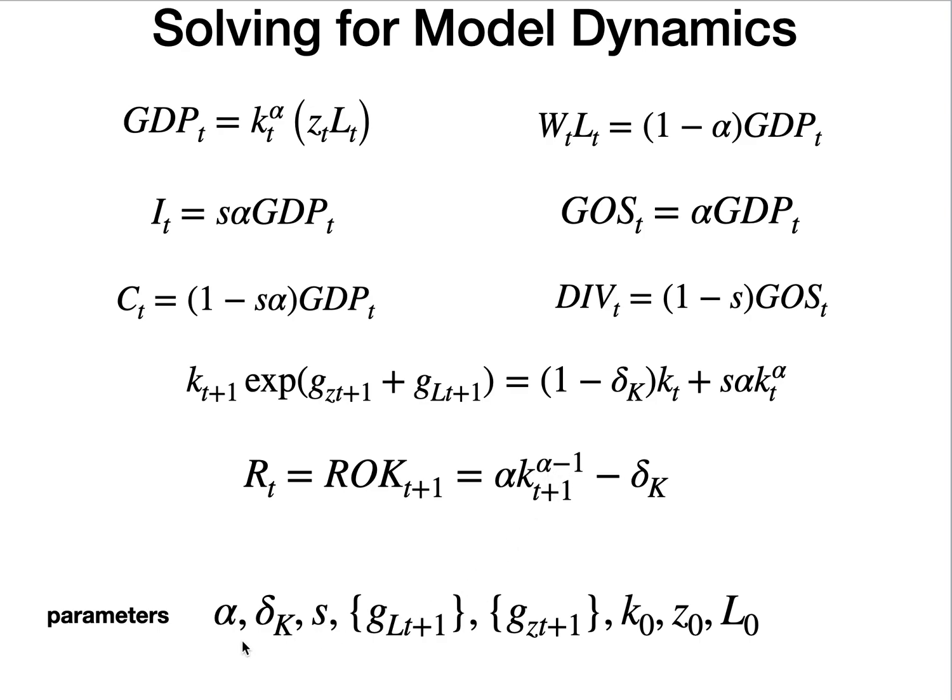And so we have the same set of parameters we had before, except instead of saying we have a sequence of L and a sequence of Z, we have a sequence of growth rates of L and a sequence of growth rates of Z and initial conditions for Z and L and an initial value of capital relative to Z0 times L0, the effective labor at time 0. So this is just a restatement of the model equations that we had before.